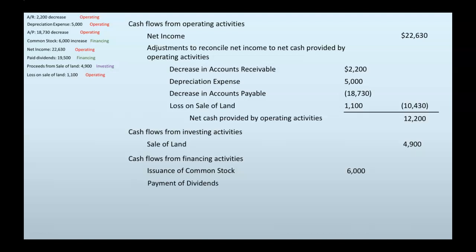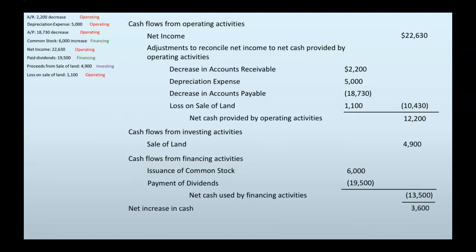So payment of dividends, and we think if we're paying out these dividends, that means that we're losing cash. So we subtract $19,500. So our net cash used by financing activities is $13,500. And you'll notice that $13,500 is a negative number, and so we have net cash used instead of net cash provided.